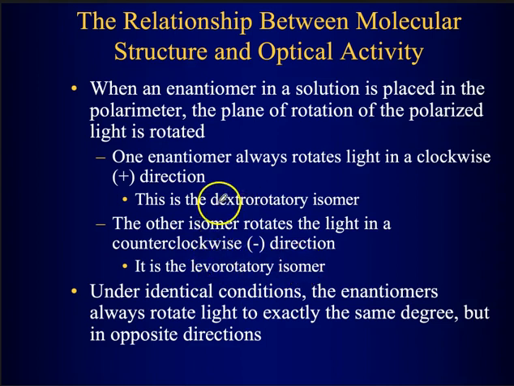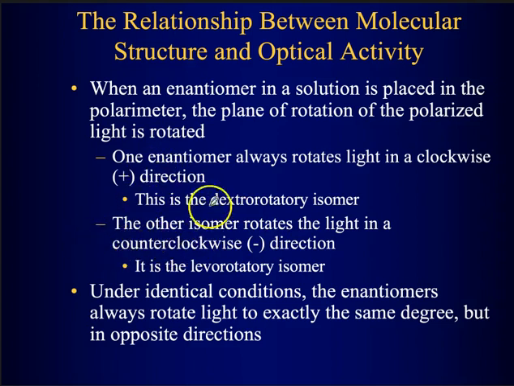So L and D. The isomer that rotates light counterclockwise will be our L isomer. Under identical conditions, these enantiomers always rotate light by the exact same degree but in opposite directions. For example, the D isomer will rotate it 10 degrees in the positive direction, and the L isomer will rotate it 10 degrees in the negative direction.